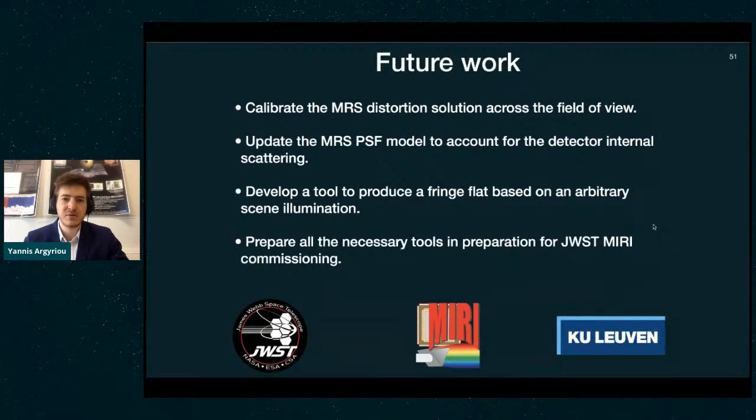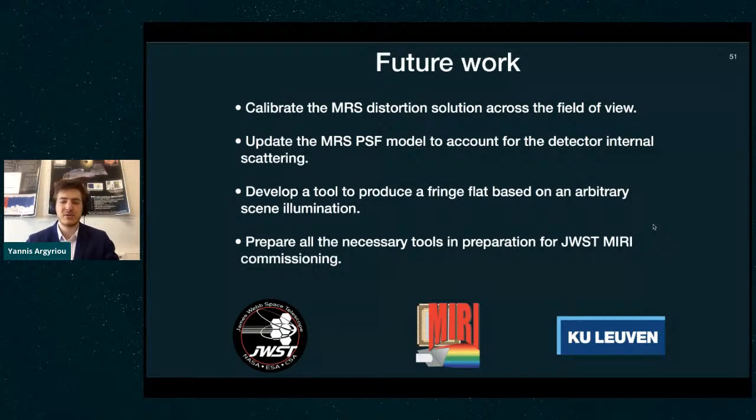Finally, for future work, we need to calibrate the MRS distortion solution across the field of view to ascertain that we are characterizing the MRS PSF model accurately. Secondly, we will update the PSF model to account for this detector internal scattering.